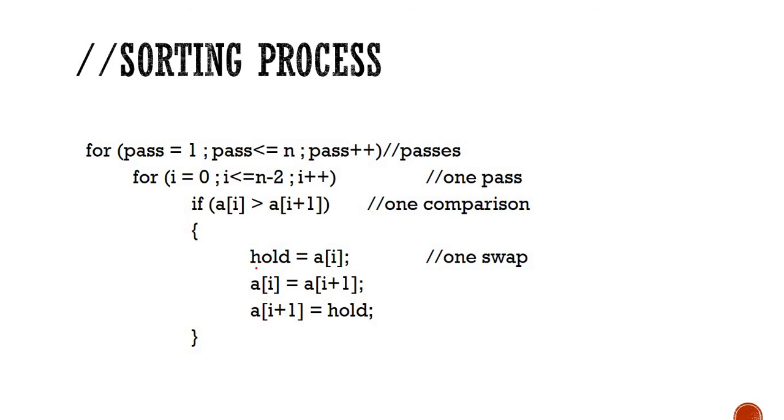If you want to use temp, you use temp. If you want to use hold, it depends on you. You need to use one variable to store as temporary memory for swapping.